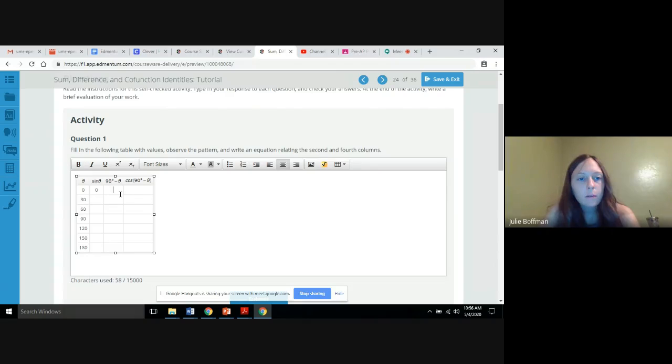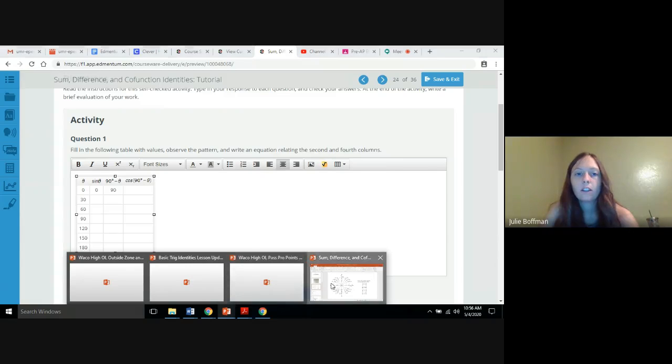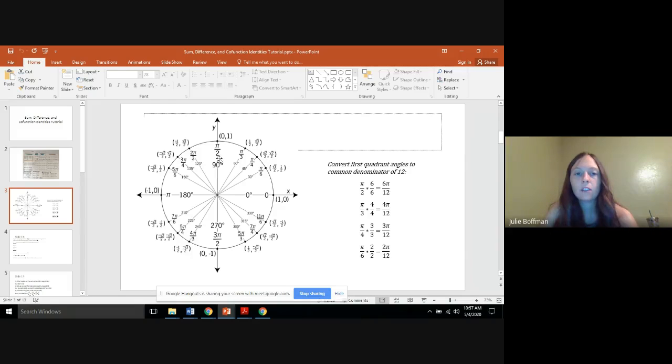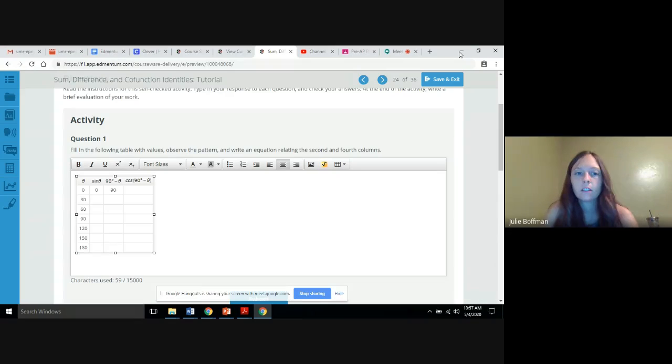Now, the next box, they want you to do 90 minus theta. Theta is this angle. Well, 90 minus 0 is still 90. So now you want to do cosine of whatever angle you put right here. So cosine of 90. So if we go to 90 degrees, the cosine value is the x value, which is 0. Okay, then you're going to go to 30 degrees.